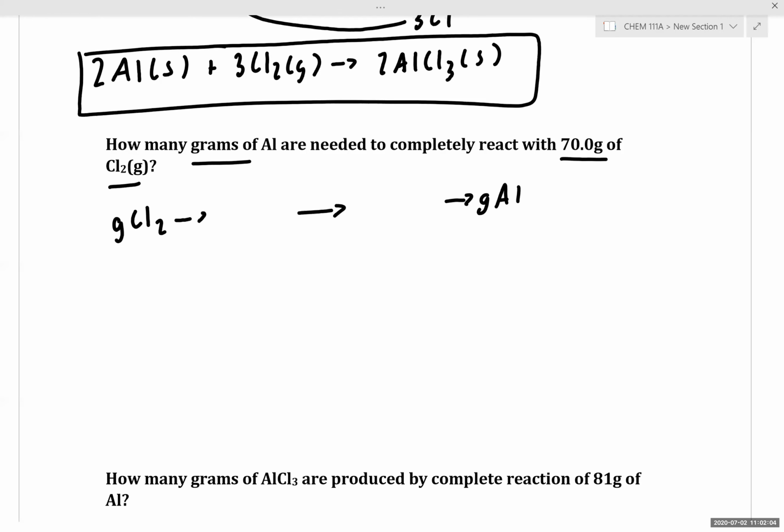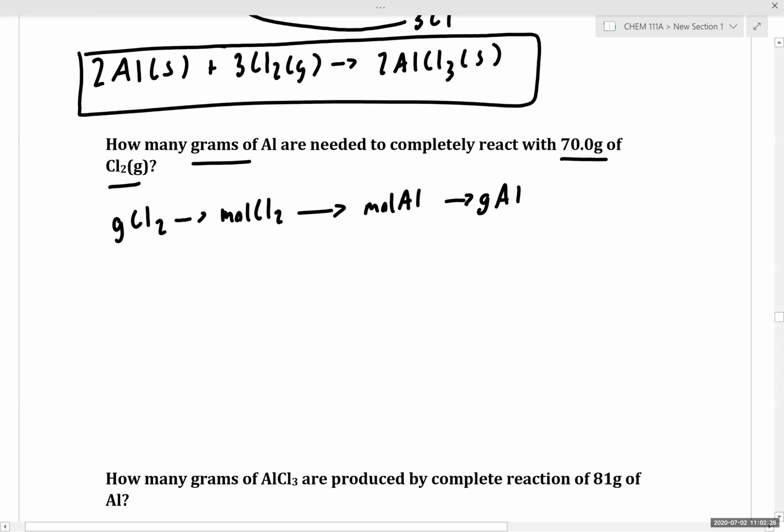What are our intermediate units? What units are we going through as a stepping stone? Moles, yep. So we're going from grams of chlorine to moles of chlorine, and moles of chlorine to moles of aluminum.